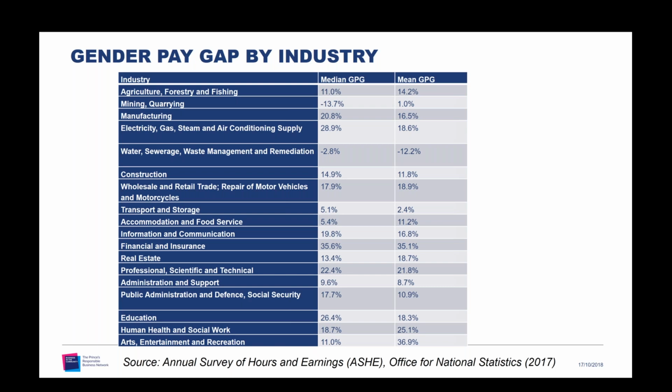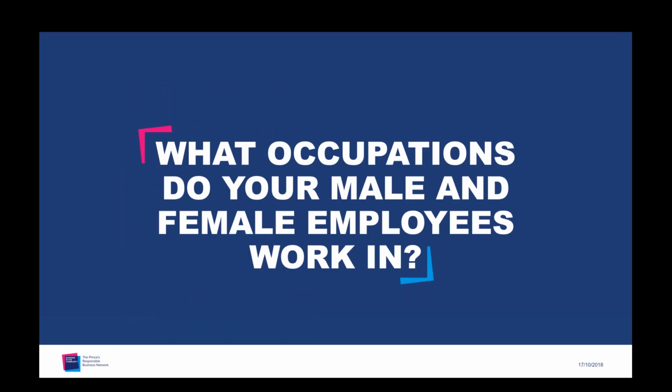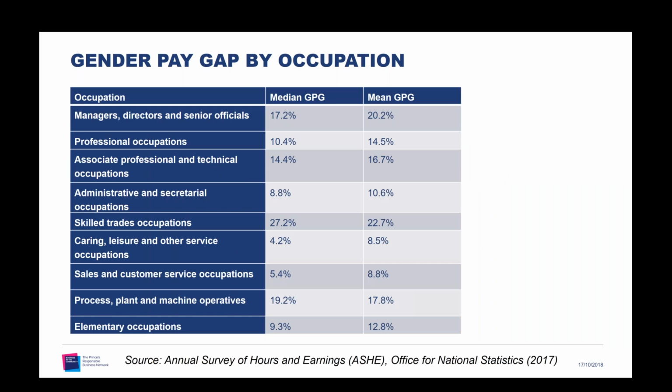So there is a gender pay gap as well when we look at the different kinds of occupations. So we know that women tend to work in lower paying industries, but also roles. And what I would really like to encourage employers to do is to look at which roles women work in. So if you break down your workforce by gender and what we call occupational group, which is very much role type, that can help you identify where women are in your organization.